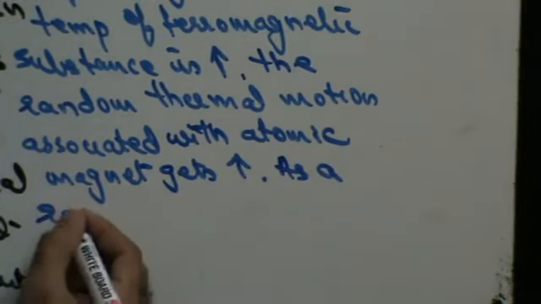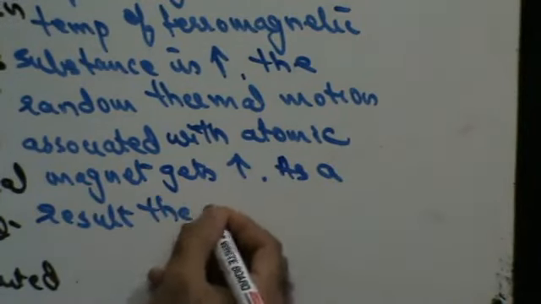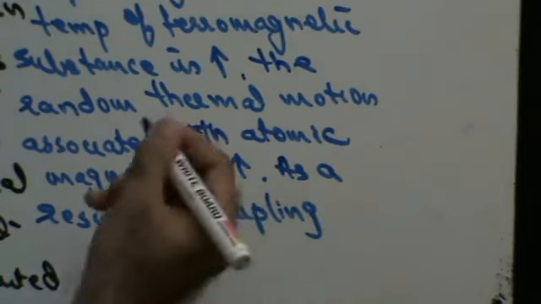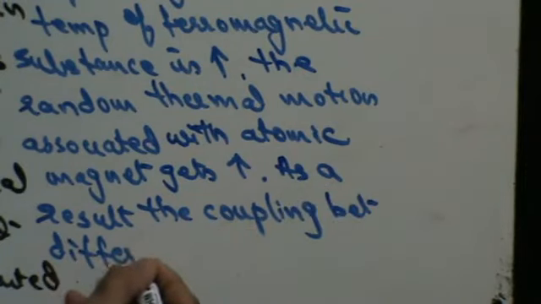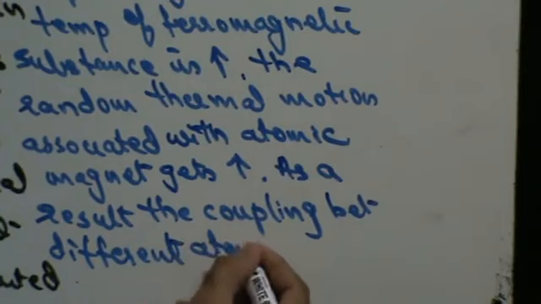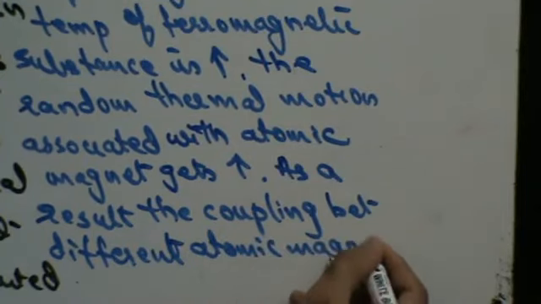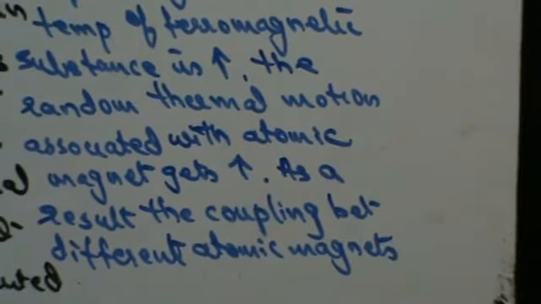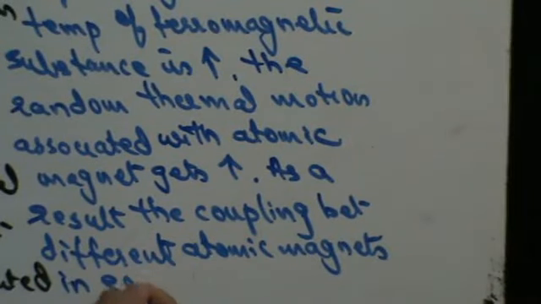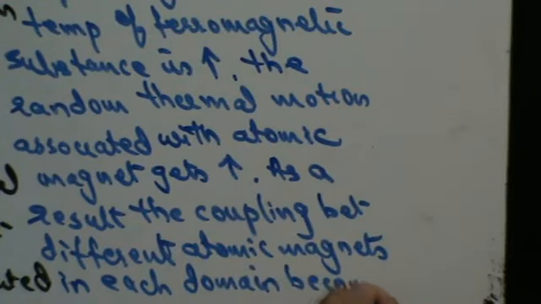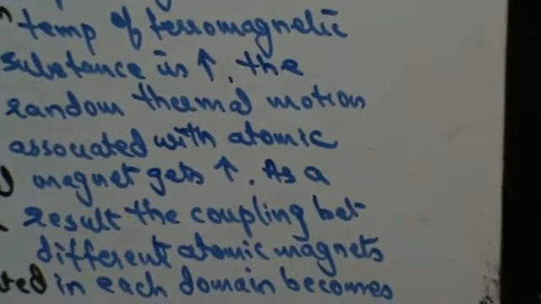As a result, the coupling between different atomic magnets in each domain becomes loose and breaks.